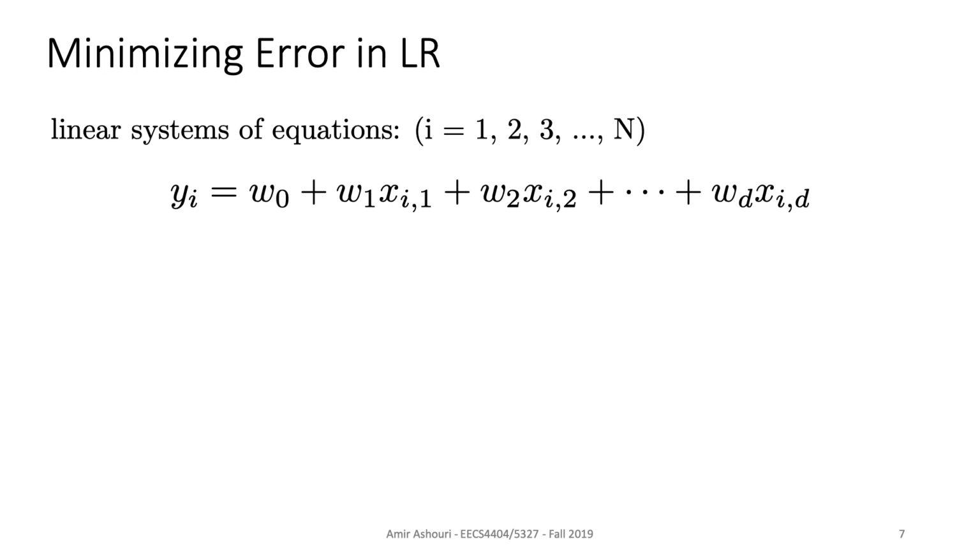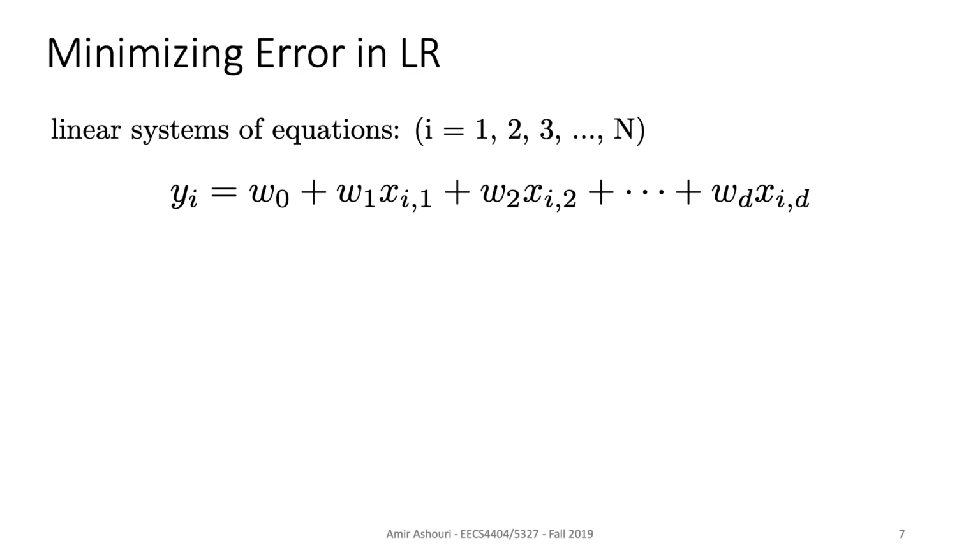All right? So now, we are arriving at a linear system of equations. Right? We have y_i, which is the output label, the real value for the ith training data, equal to W0 plus W1x_i1 up to Wdx_id. Right?